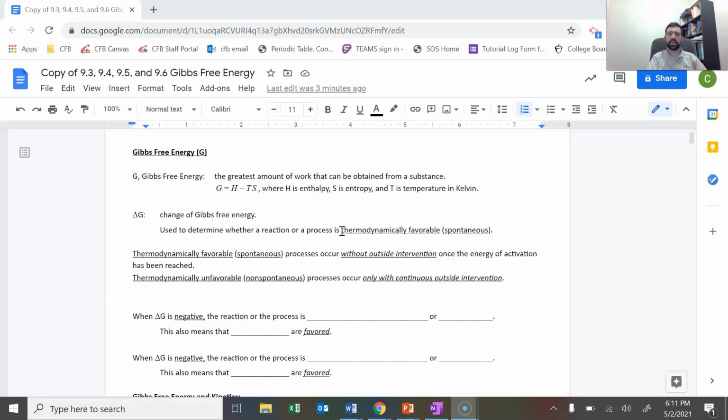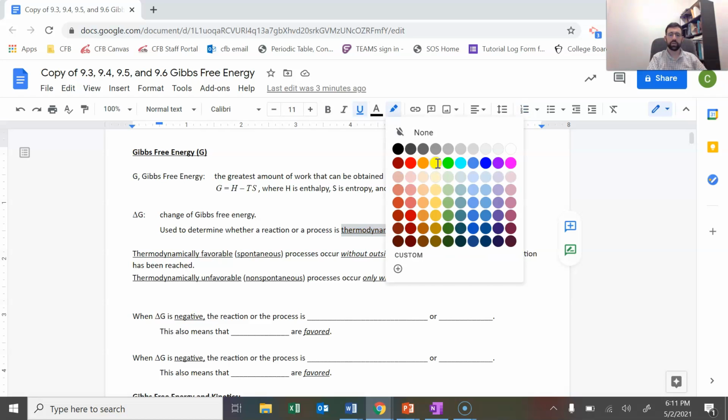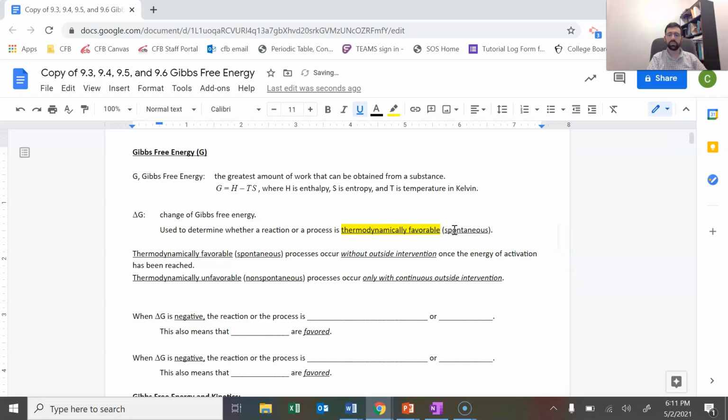I want to emphasize this phrase because that is what College Board is moving toward. So in your answers, don't use the word spontaneous. They don't really like that anymore. They lean more in the direction of this term, thermodynamically favorable. I'm still including that spontaneous or non-spontaneous word a little bit in the notes because you might come across something that mentions the word.